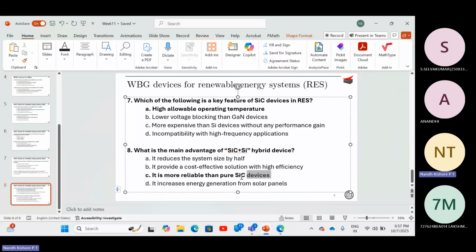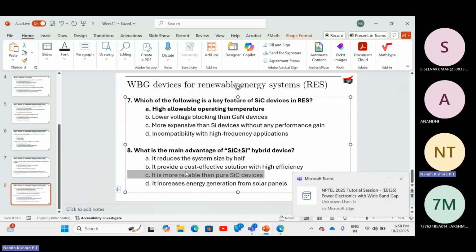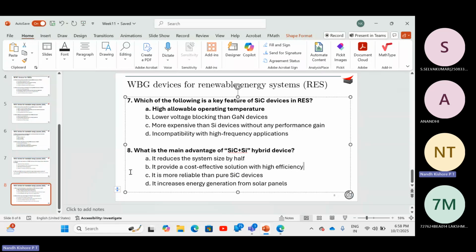So what is the correct answer for this? Correct. It provides a cost-effective solution with high efficiency.